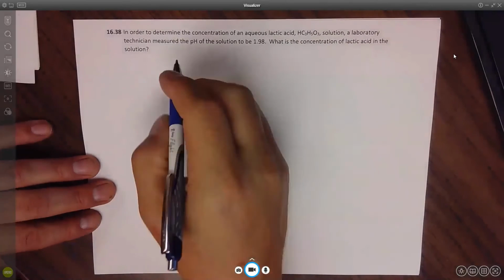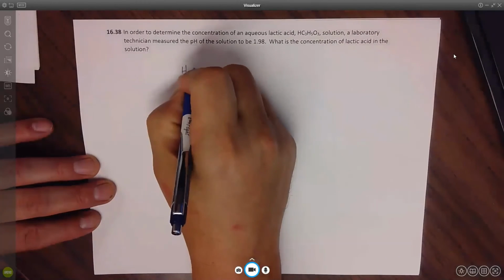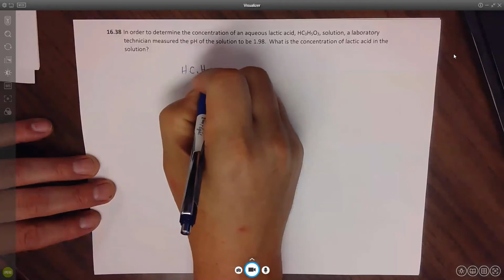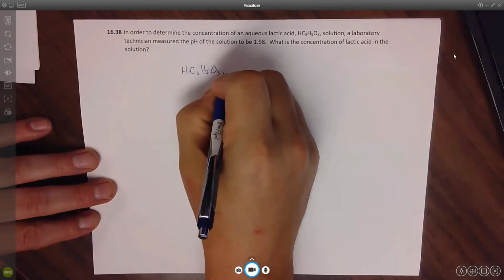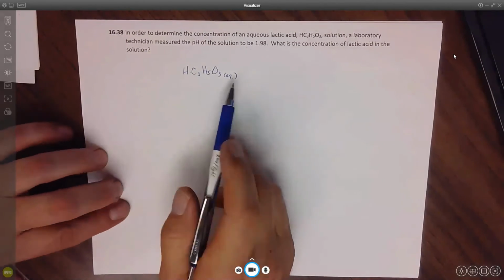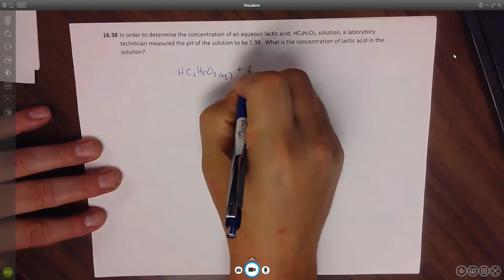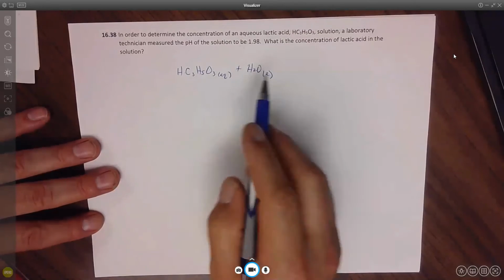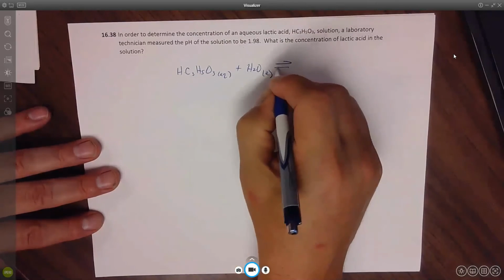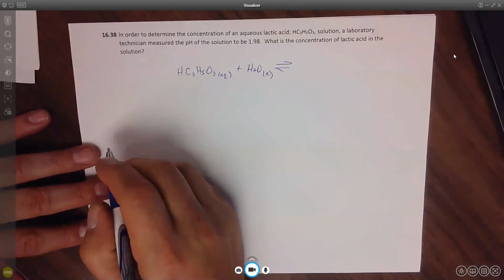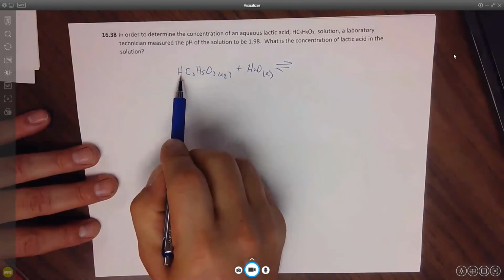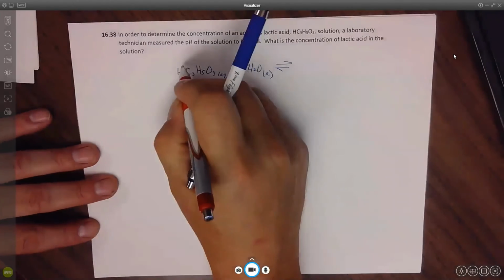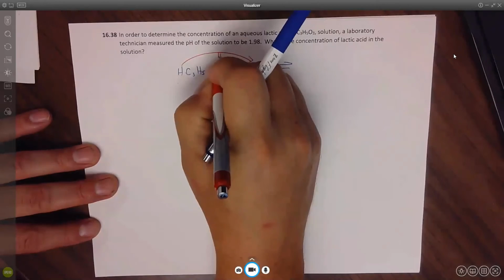So again, we have lactic acid, and this time I will write it with the water. All acids are soluble, so I'm going to write it with the water. It's a weak acid, so double arrow. We know it's going to have a K value. A proton is going to be transferred from the acid to the base, which is water in this case.